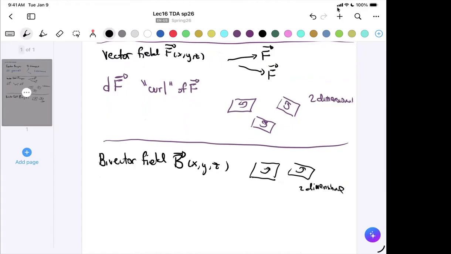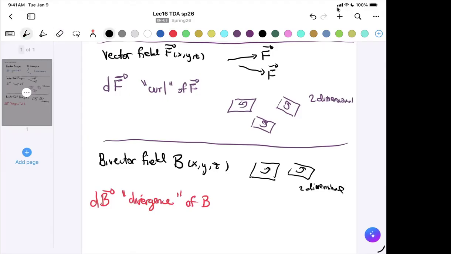And then its exterior derivative, which is what I'm about to show you, would be a version of the divergence of this thing. This corresponds to what in Calc 3 you would have called the divergence of B. I guess I don't have to put the arrow here because it's not an arrow.